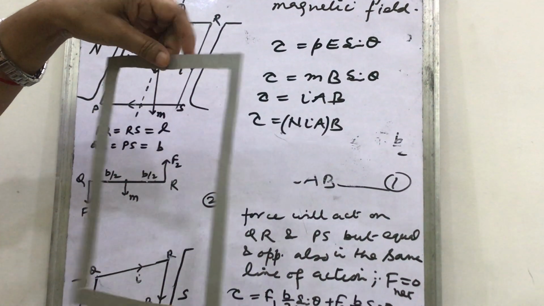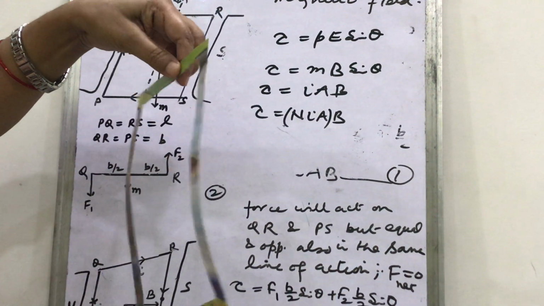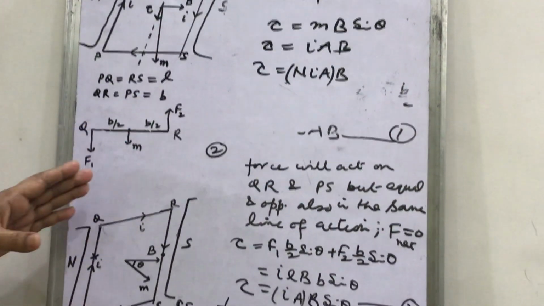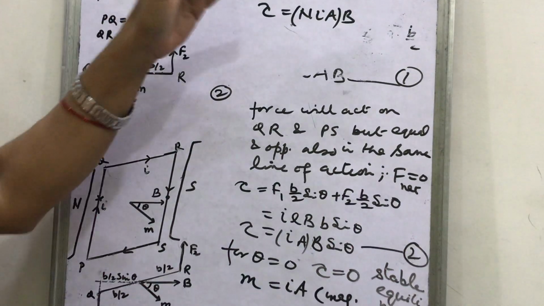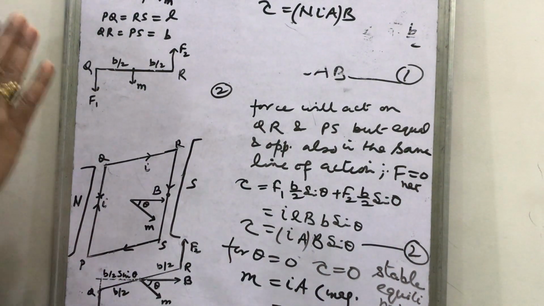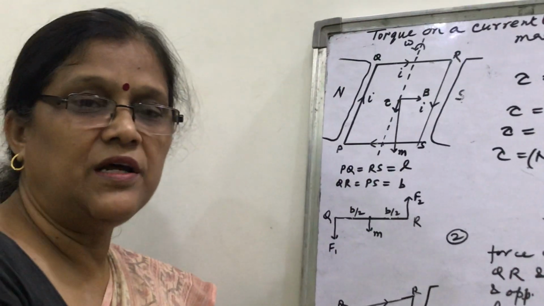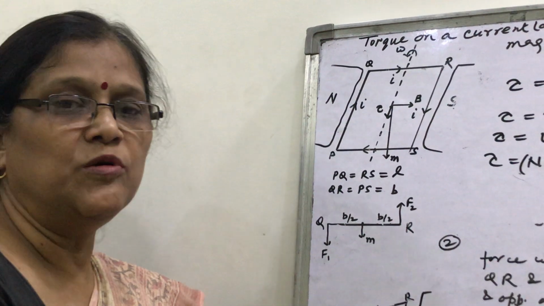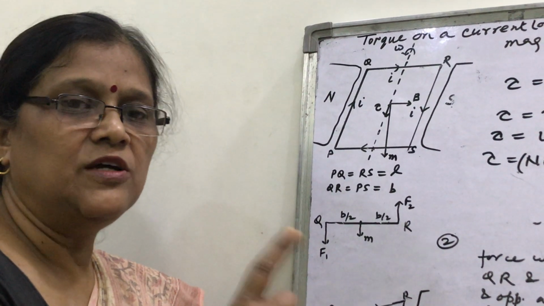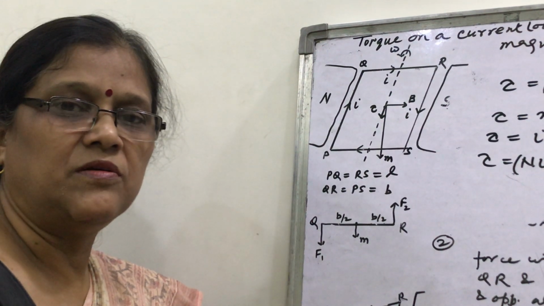In this way continuous rotation can be made of the current loop placed in the magnetic field, and this is the role of torque, and this is the principle of the electric motor, in which the current carrying loop is rotated continuously.